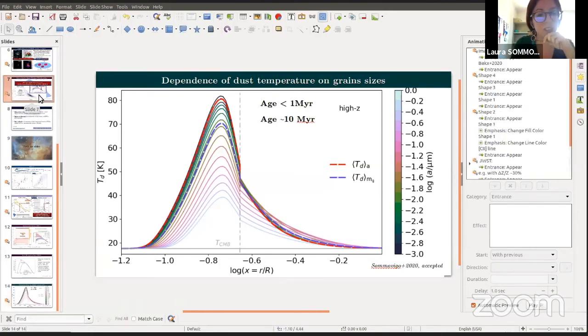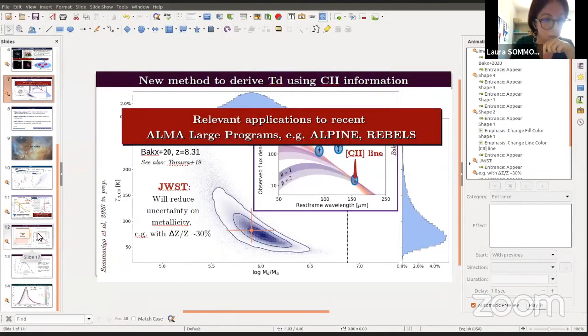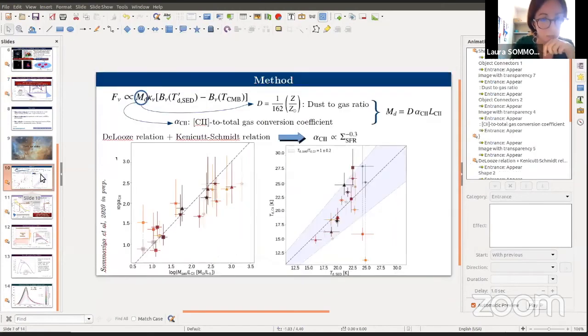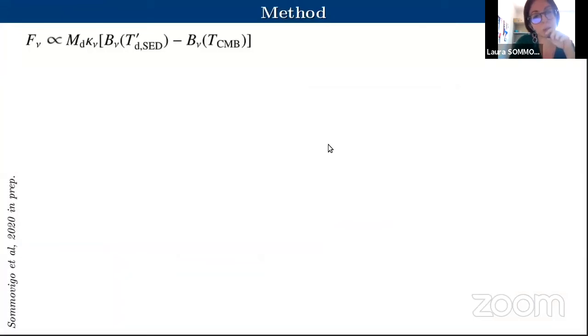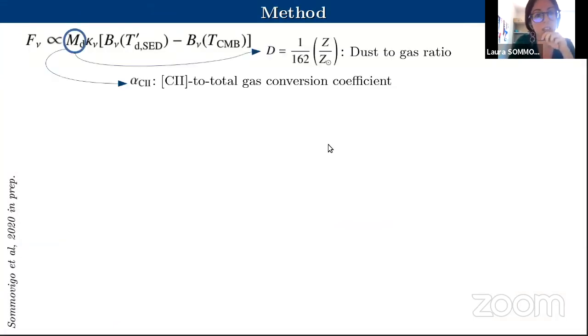So basically what we do, I also have a backup slide for this. Starting from the usual formula that is also used in SED fitting, we rewrite the dust mass as a function of the dust-to-gas ratio and the C II to total gas conversion coefficient, so that the dust mass is the product of these two quantities and the C II luminosity.